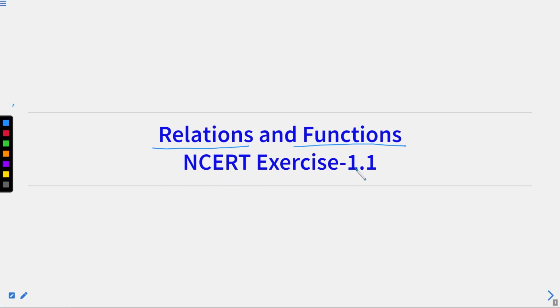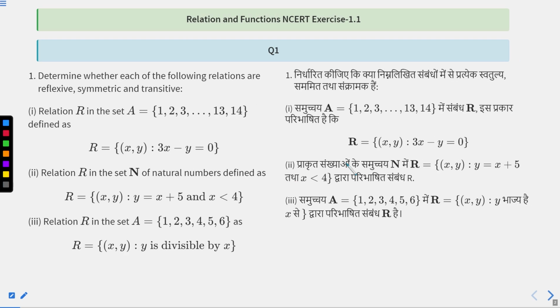Let's solve with me. First of all, the first question of NCERT says, determine whether each of the following relations is reflexive, symmetric and transitive.